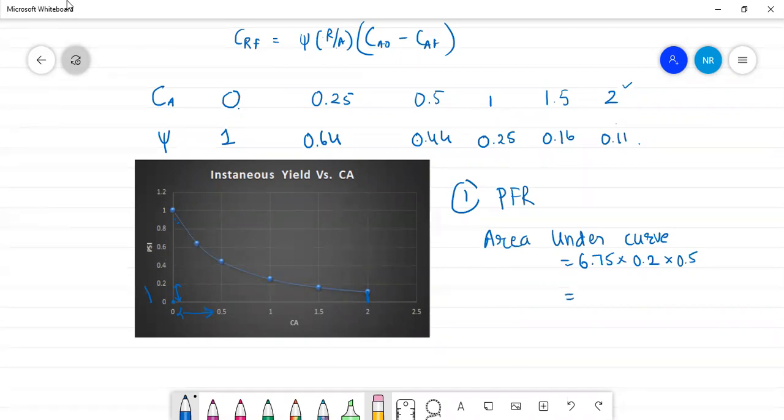So the final answer is 6.75 multiplied by 0.2 multiplied by 0.5.